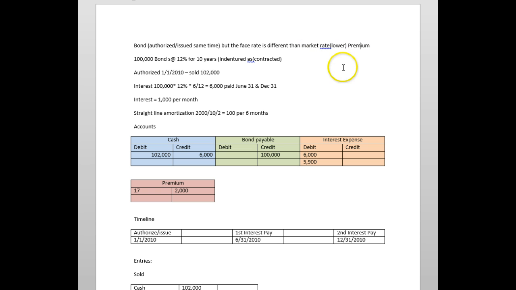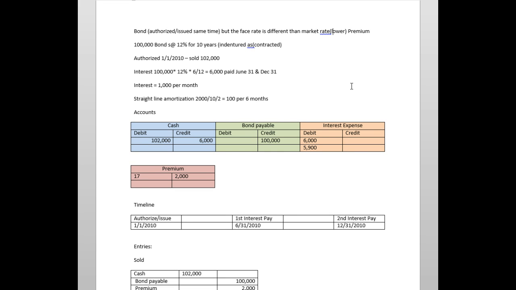And in the case of a premium, the market rate is lower. And that's what allows, because this bond is probably at 12%, and let's say the market's at 10%. So people say that's a 12% bond. I'm willing to pay more for that.